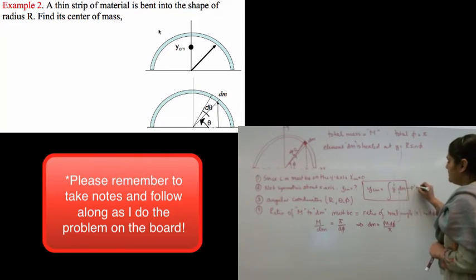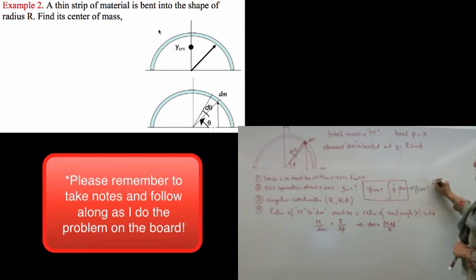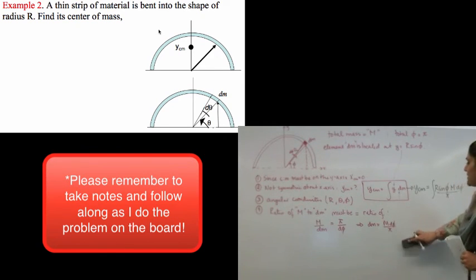Which gives me y center of mass equals r sine theta M d, oh, I called it, sorry, I called this phi. I'm so used to thetas. Phi d phi divided by pi.